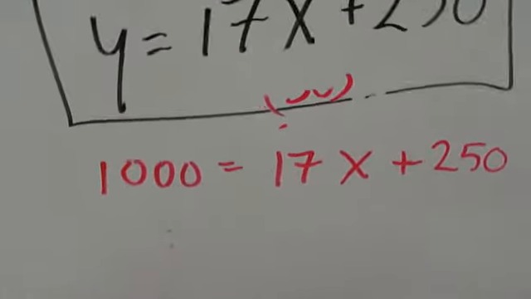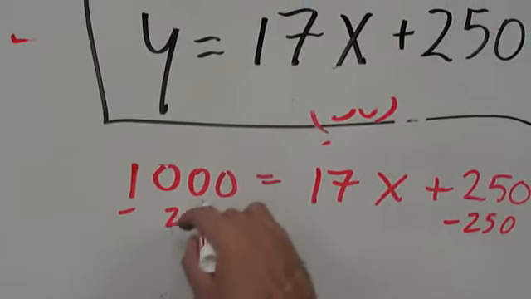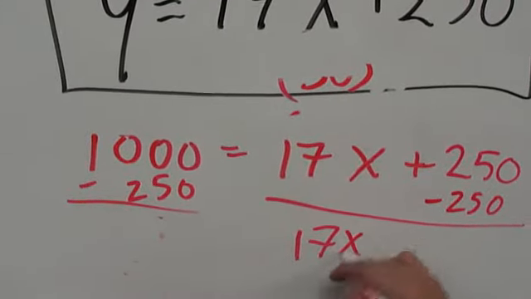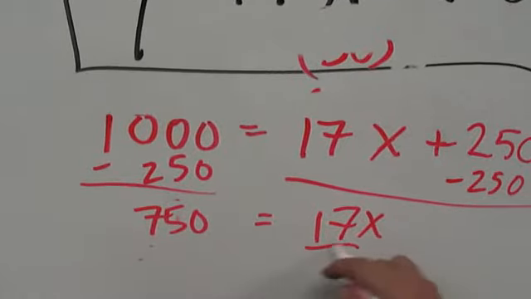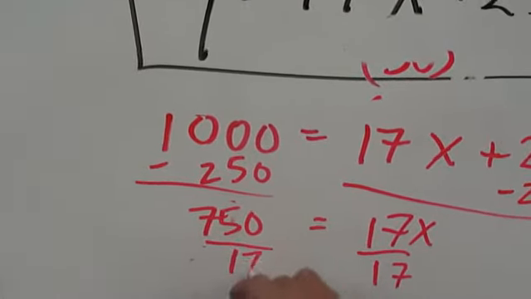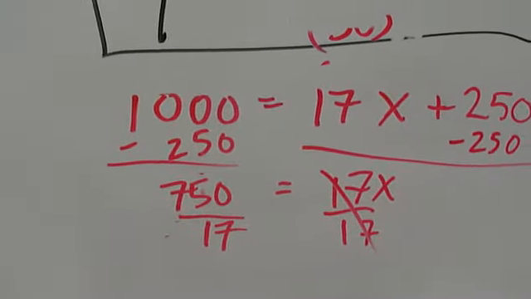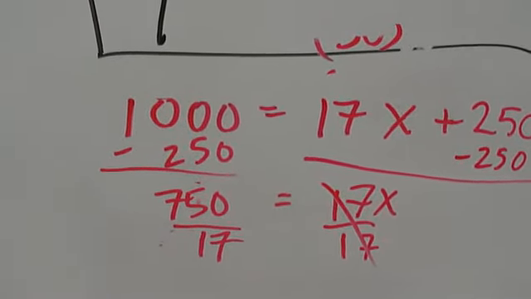Yeah, we can solve it algebraically. Just subtract 250. So we're left with 17x equals 750. Divide by 17. So 750 divided by 17, that will give us the number of days.